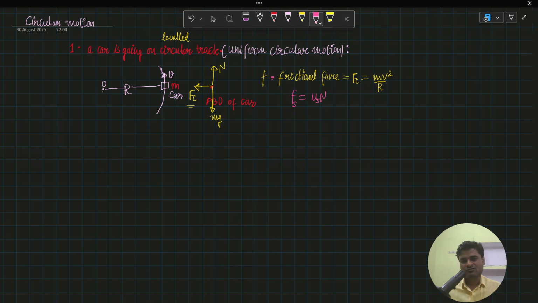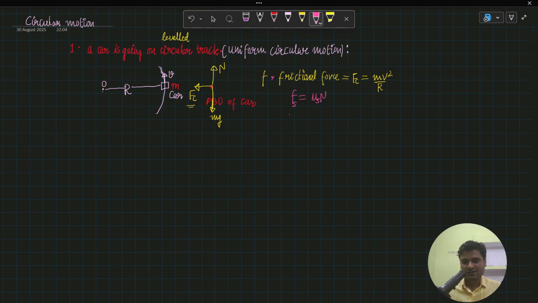So this is the force applied by the road on the car, mu s into N. And we know that this is the maximum value of the force that could be applied by the road.